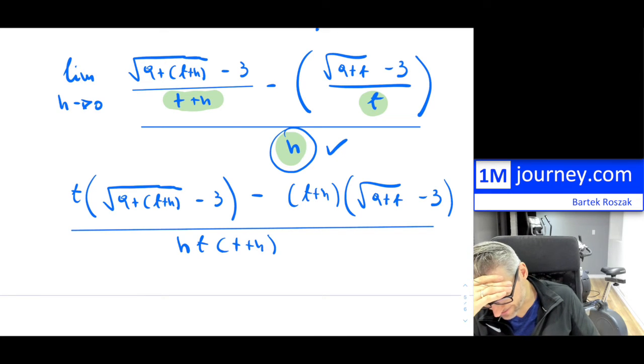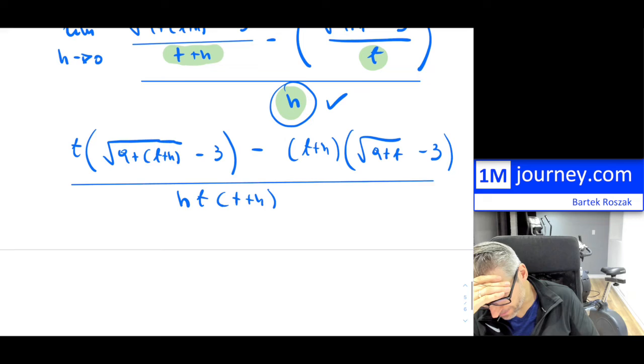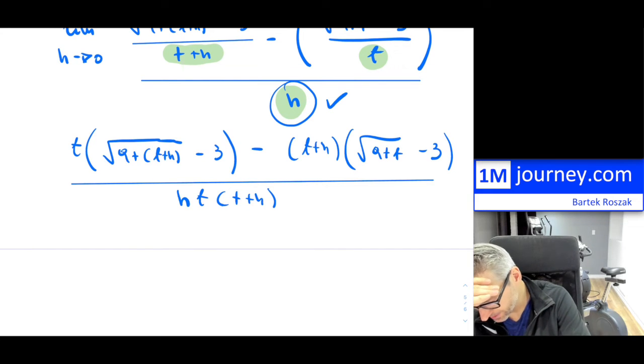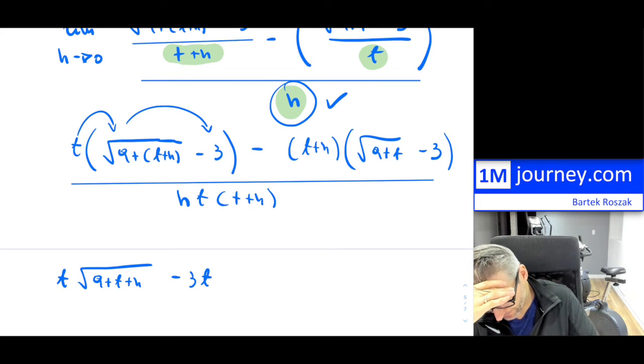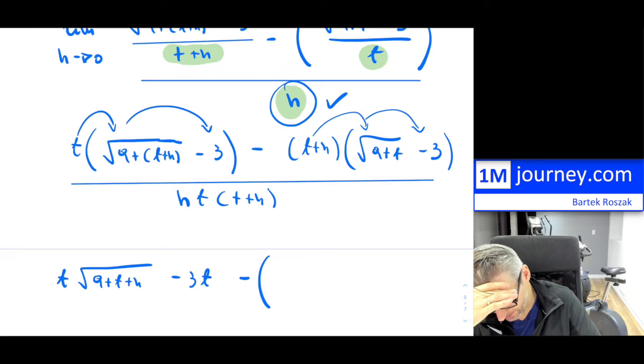So we have that. That's not bad. All right, so now, if I bring this inside of here, massage this out: 9 plus t plus h, minus 3t, minus, now this t distributes across, it's going to be t times 9 plus t, minus 3t.